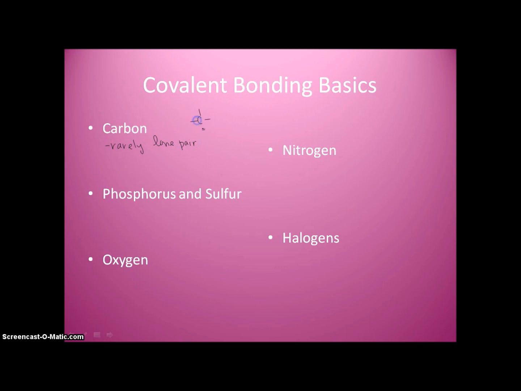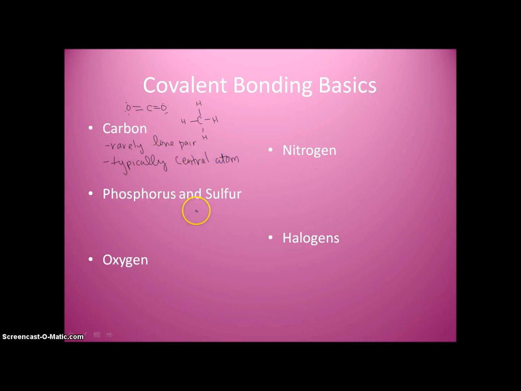It's going to have shared pairs like it was with that hydrogen in the last slide, or it's going to be double bonded to oxygen like it is in carbon dioxide. Rarely does it ever have any lone pairs, and it's typically a central atom. So you can always count on it being in the middle.